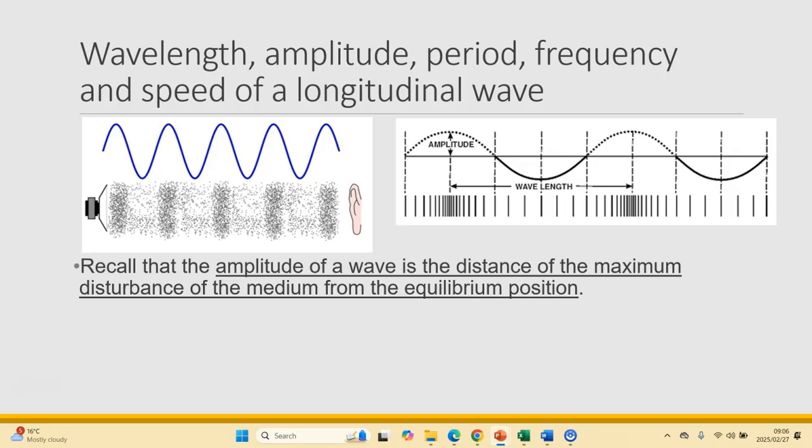Recall that the amplitude of a wave is the distance of the maximum disturbance of the medium from the equilibrium position. So that would really be the distance that those particles are pushed forward, creating the compression. But if this sound wave is represented on a graph, then it becomes easy to read off that amplitude.